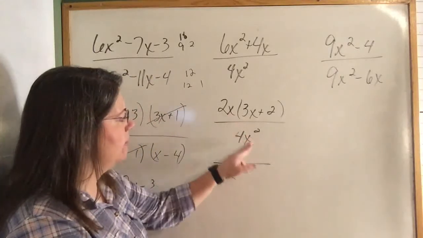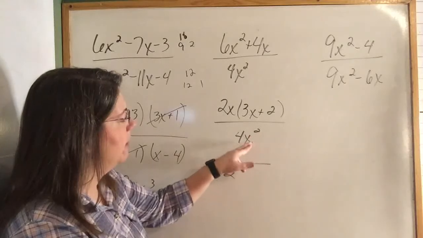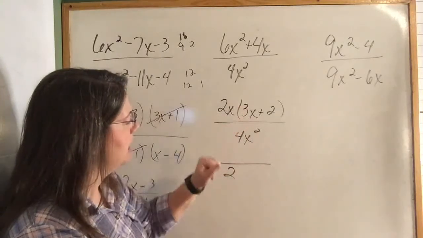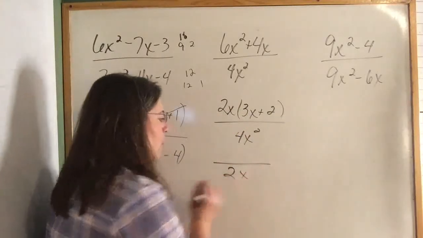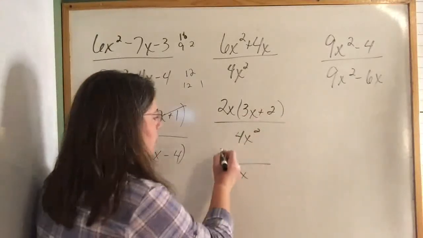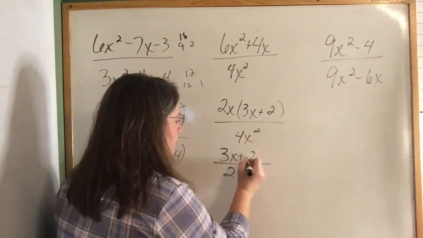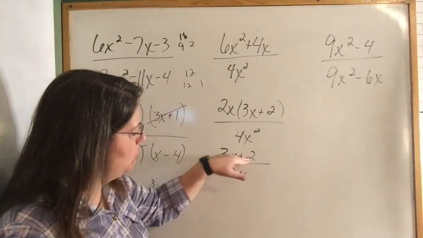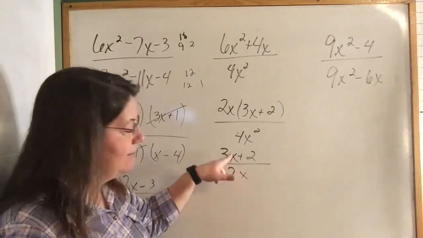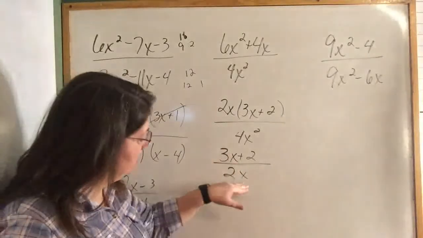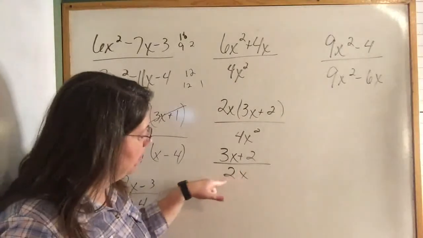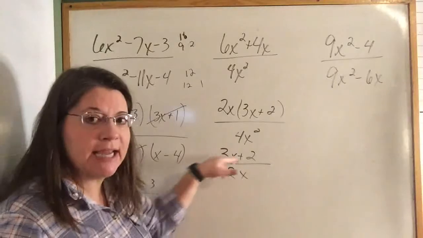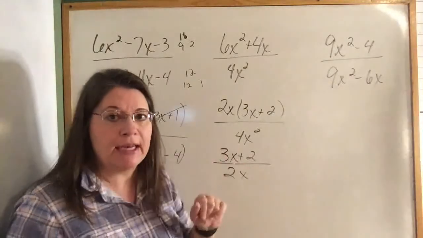And then an x over x squared, we have 2 x's on the bottom, 2 minus the 1 on top leaves me with 1, and the leftovers go on the bottom. And then the top is 3x plus 2. Understand here, the 3x is attached to the 2 with an addition. The x's cannot cancel out because this x, even though it's attached with multiplication, the top one is attached with addition, so you can't cancel that out.